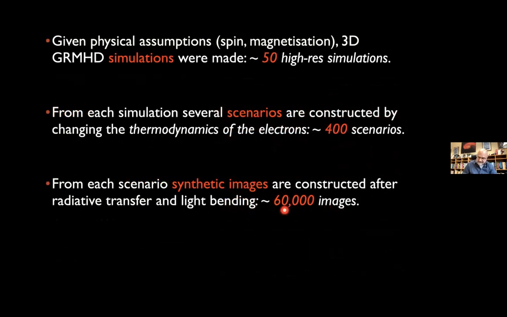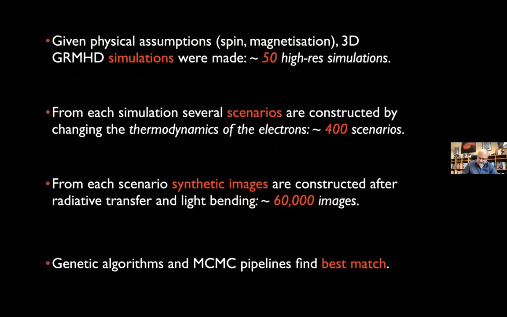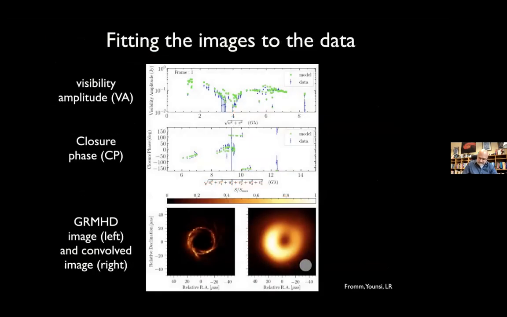So in this way, we built 60,000 images, and then we had to compare these 60,000 images with the ones coming from the 4 I've shown you. There are algorithms that allow you to do this. These are genetic algorithms or Markov chain Monte Carlo. I introduced this complex visibility function. The real and imaginary parts are called the closure phases and the visibility amplitude. I'm showing you what we do in this example.